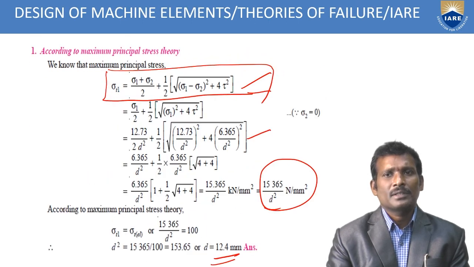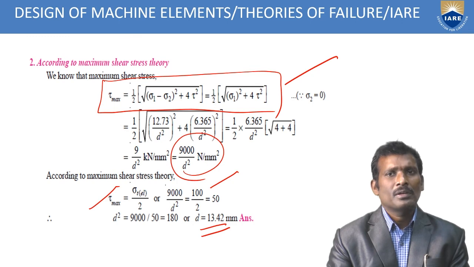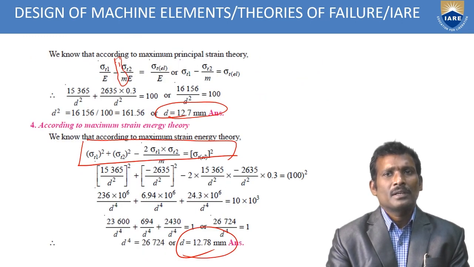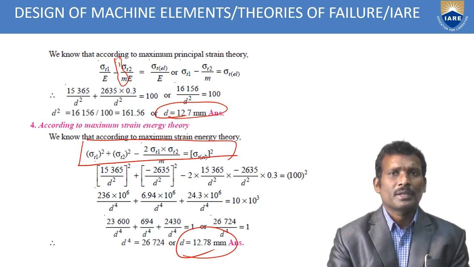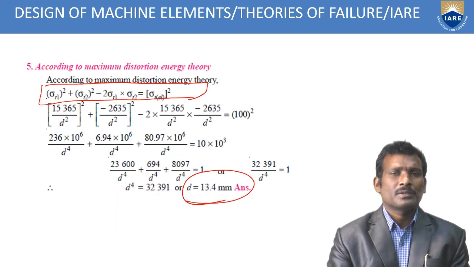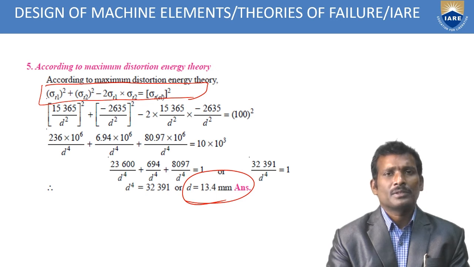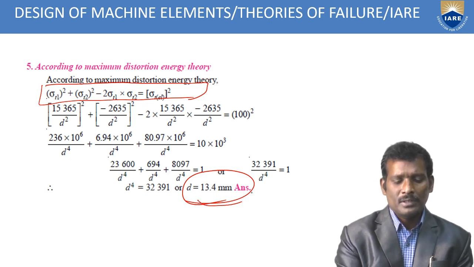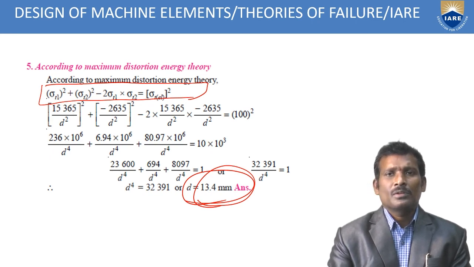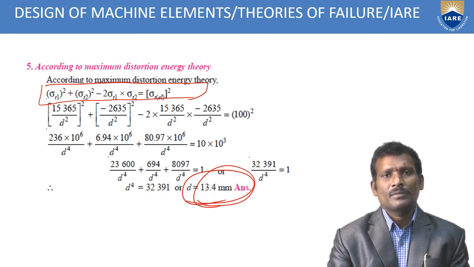In the first case 12.4, second case 13.42, third case 12.78, fourth 12.7, and for the maximum distortion energy theory, the final value is 13.4. So this value is the larger value of the above. So take this diameter as the final diameter for your bolt.